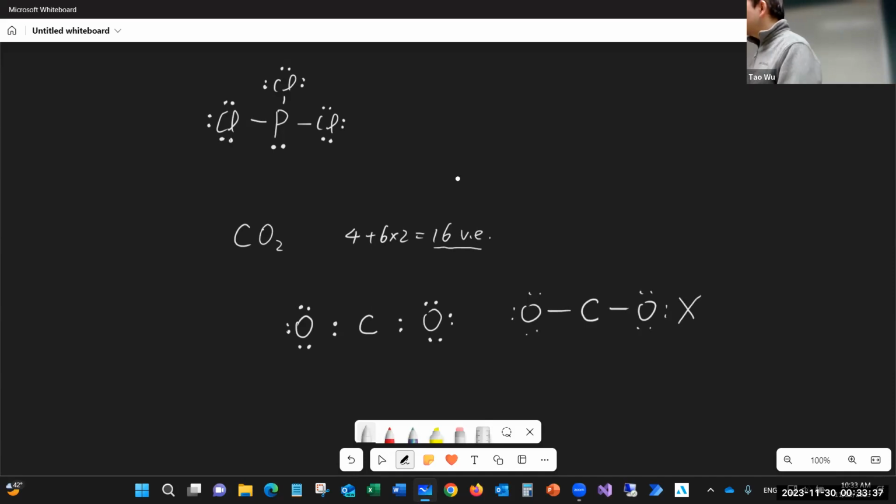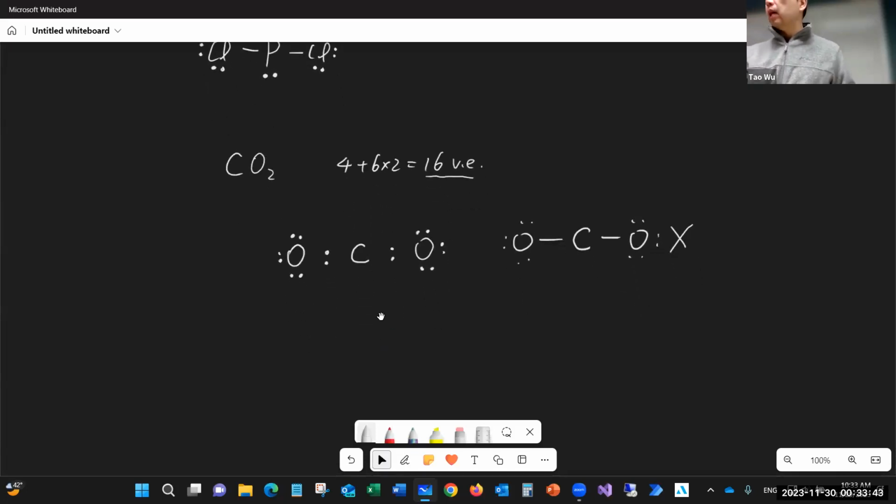Okay. Now you need to think, to make the carbon have 8 electrons, we have to transfer some of the lone pairs to the shared area, right? Where are the lone pairs? Those are the lone pairs.